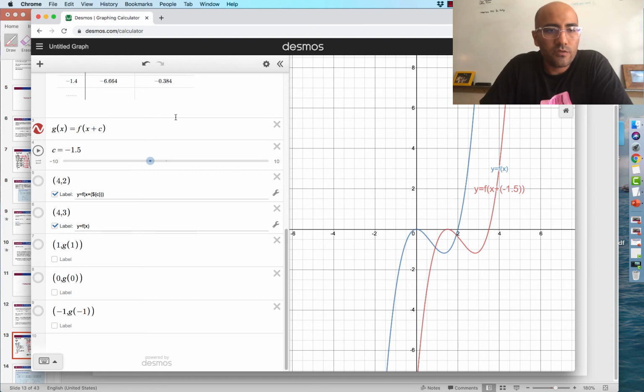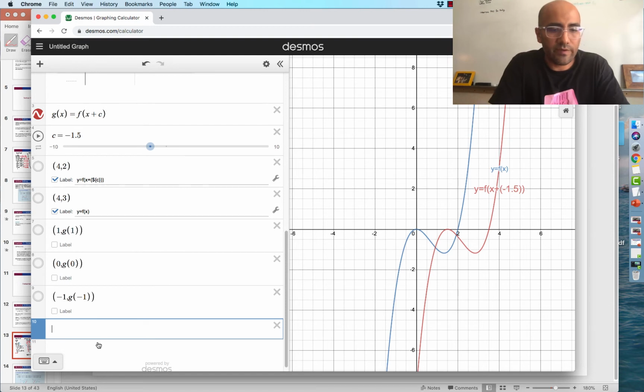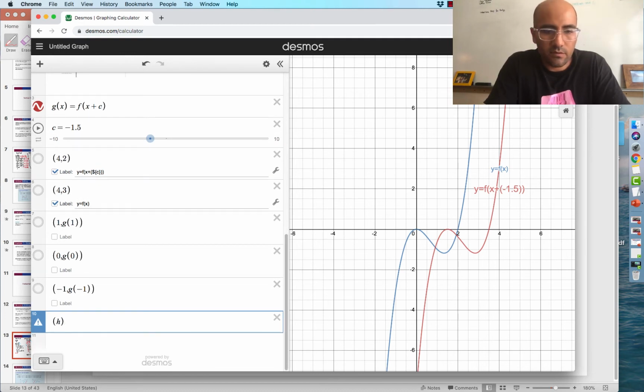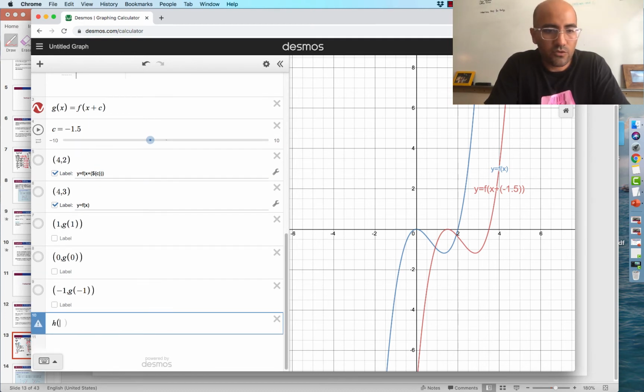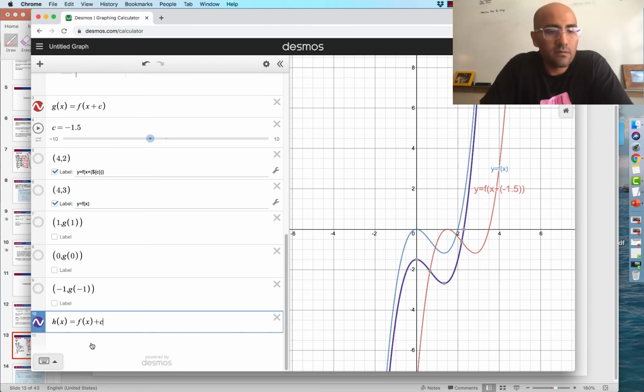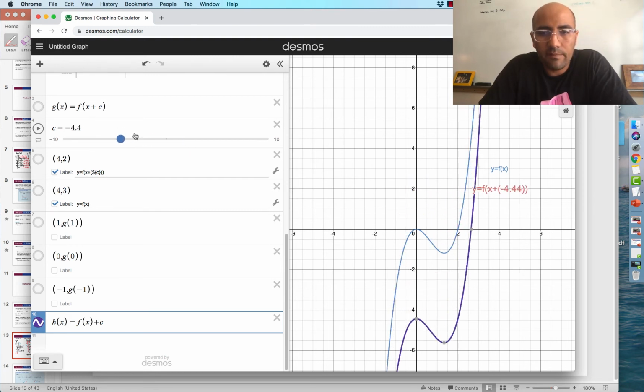Good. Questions? And then again, comparing it to the previous one where we had, let's say, h of x equal to f of x plus a constant. When we had h of x equal to f of x, the original function, plus a constant at the end of the function, on the outside of the argument of the function, it would shift it up and down.